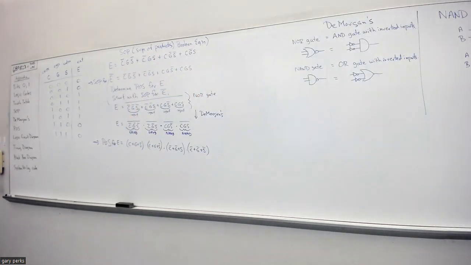You have an AND gate with 3 inputs where one input is not C, one input is G, and the third input is not S. So at the output of this AND gate, you would have not C, G, not S. So you would have this term.